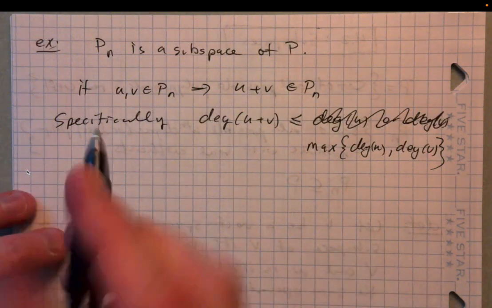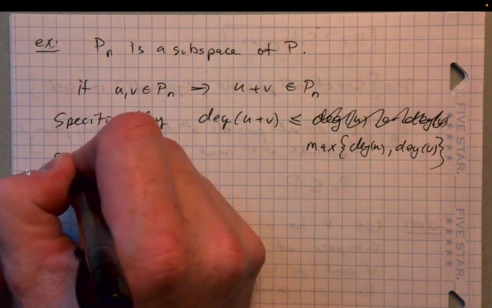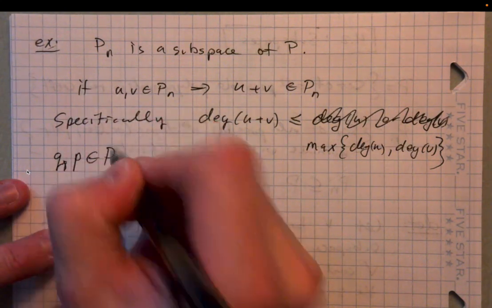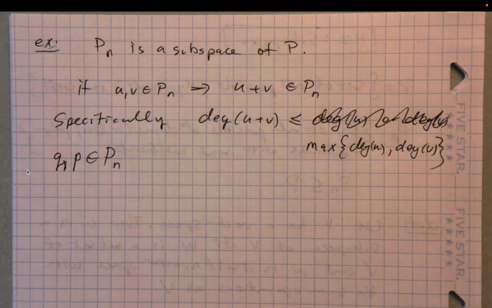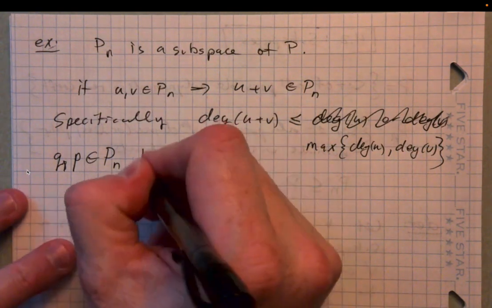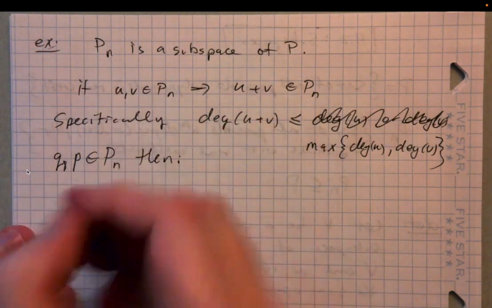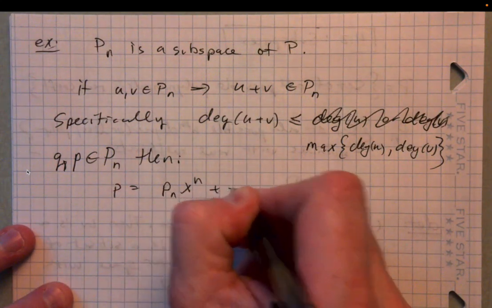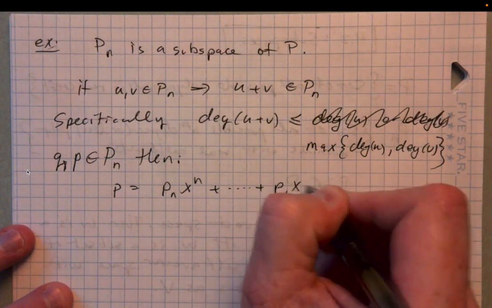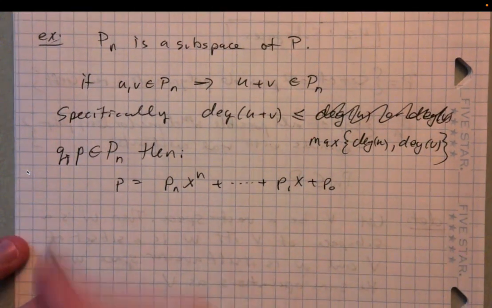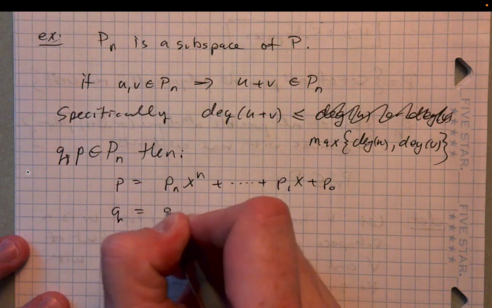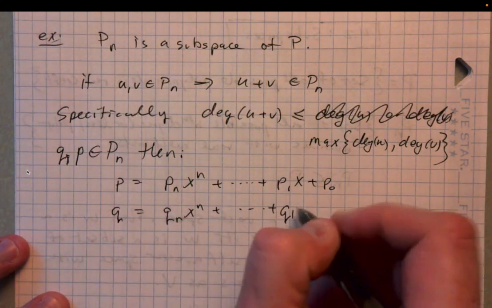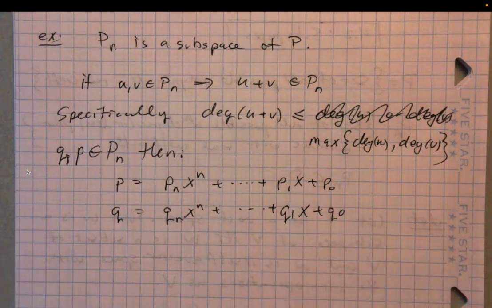All right, so let's do an example here. Let's flesh this out just a little further. Let Q and P be in Pn. Then what does that mean? Well, P is going to have the form Pn x to the n plus ... plus P1x plus P0. And Q will have the form Qn x to the n plus ... plus Q1x plus Q0.